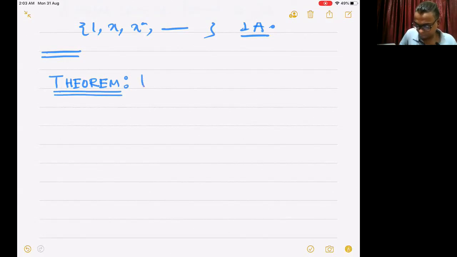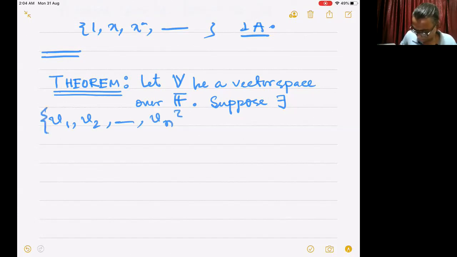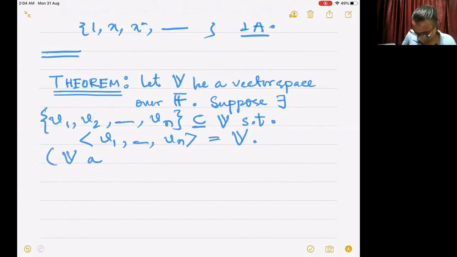So the theorem says, let V be a vector space over, of course, a field F. Suppose there exist V1, V2, dot, dot, dot, up to Vn, a finite subset of V such that the span of V1 up to Vn is all of V. So this means that, in words, V admits a finite generating set.